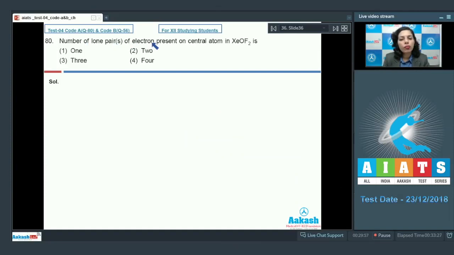Number of lone pairs of electron present on central atom in XeOF2 is. To identify the number of lone pairs of electron on this given molecule, we have to draw its structure. Let's draw its structure. Its hybridization is sp3d hybridization, and on the basis of that, its shape we can draw here. This is XeOF2.